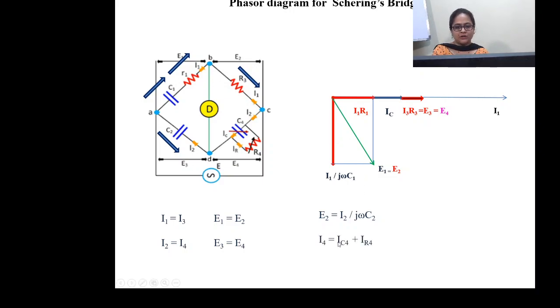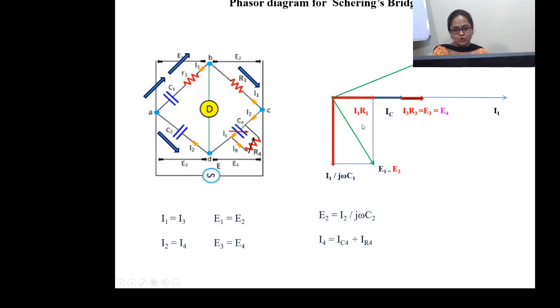And I4 is nothing but equal to I2, which is addition of C4 and R4. Okay, now see, this is E2, that is the voltage across capacitor. For capacitor, remember ICE, that means voltage is lagging the current.